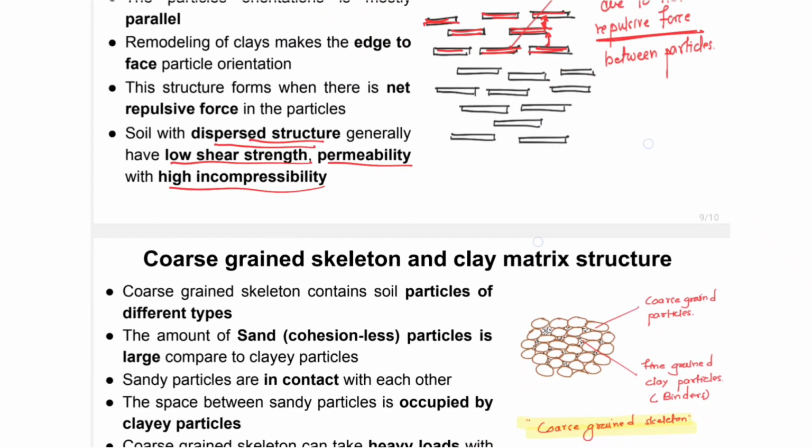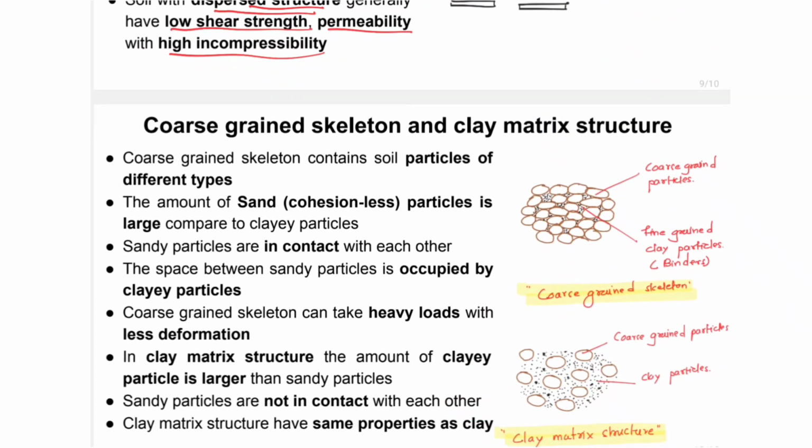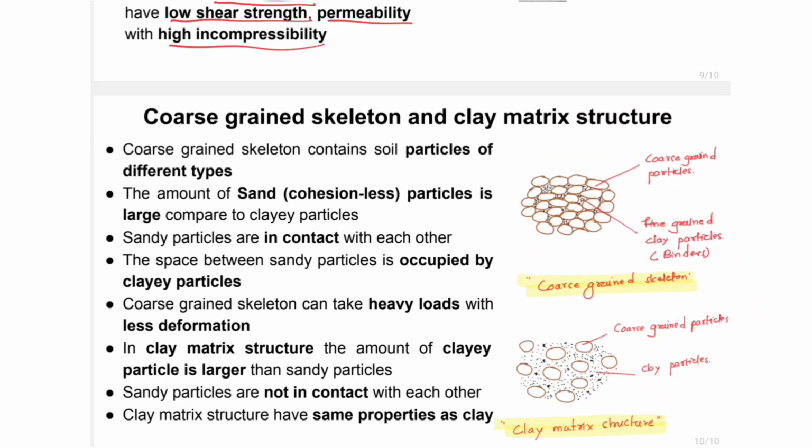Then we will see the coarse grained skeleton and clay matrix structure. Basically this type of structure occurs in c-phi soil, which contains cohesion and also some angle of internal friction. In this coarse grained skeleton, the particles are of different types. It contains some sandy particles and clay particles.